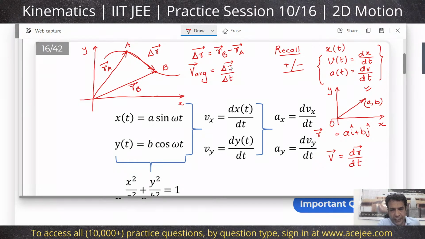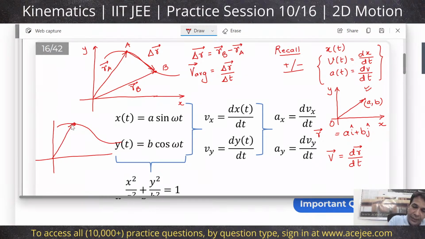Now let's talk about the instantaneous velocity. What do we mean by instantaneous velocity? Let's say that the particle was at point A. We want to find out its instantaneous velocity. Then it is the small displacement in the time duration dt. In a very small time period, what will be the displacement?